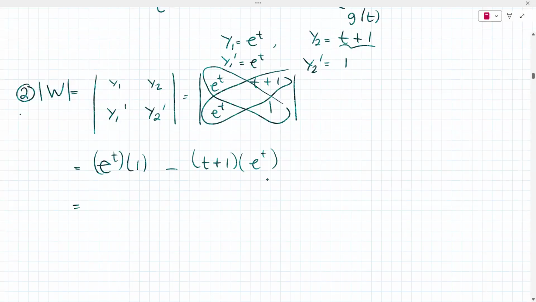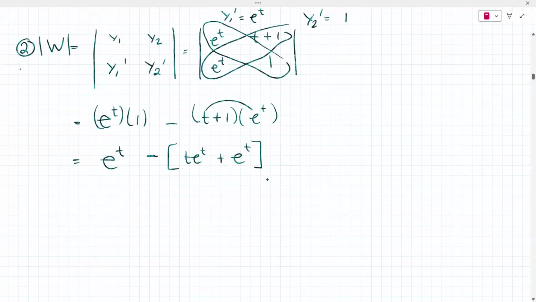So that gives you e^t, right? 1 times e^t is e^t, and then this is going to be minus, I guess we should FOIL this out a bit. So this is going to be t e^t plus e^t. And then FOIL out this minus, so it's going to be negative t e^t minus e^t. And then you have this extra e^t.